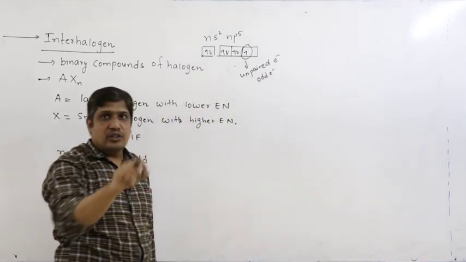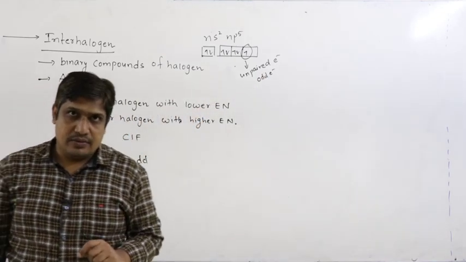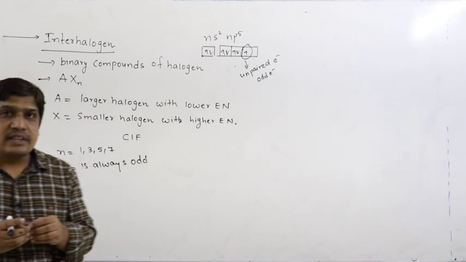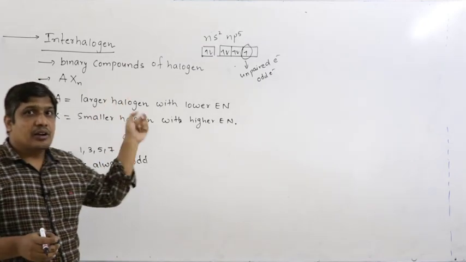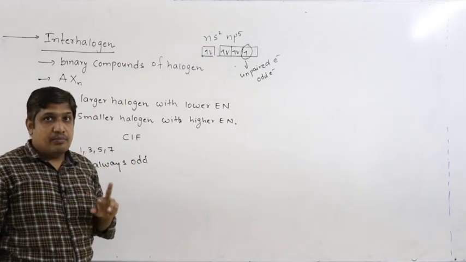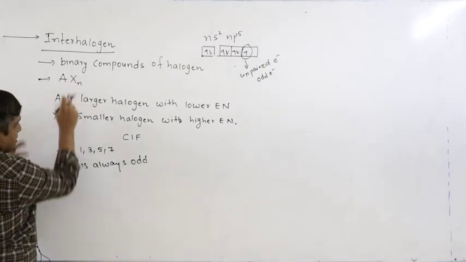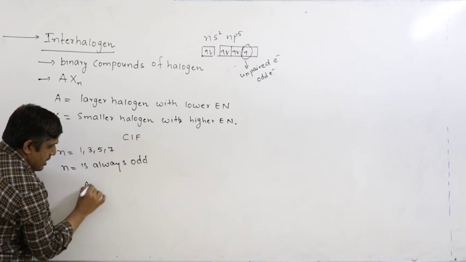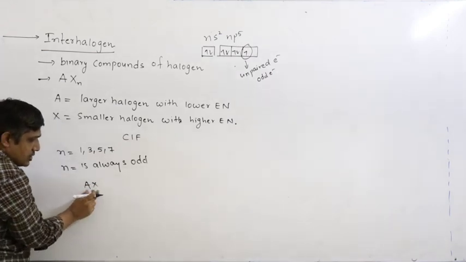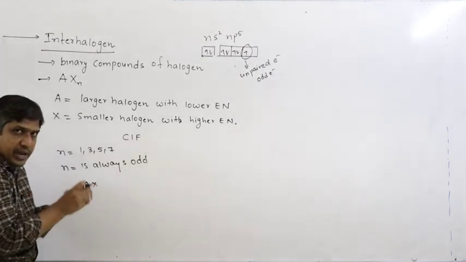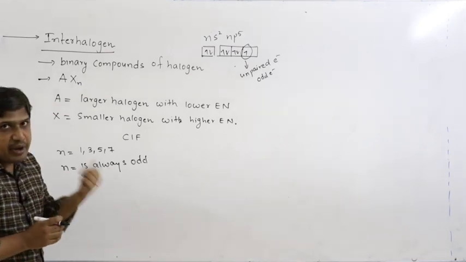So each halogen has one unpaired electron. When two halogens combine, this unpaired electron becomes paired up. So if I take AXn, if n is 1, that is AX, one halogen, another halogen, the two unpaired electrons pair up, thereby it becomes diamagnetic in nature.